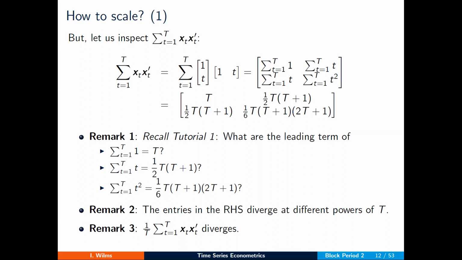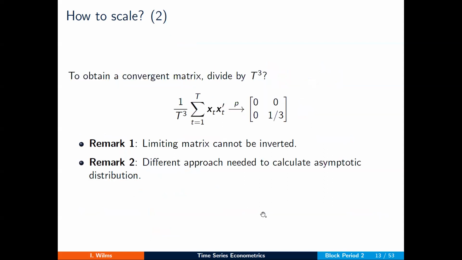Then we would divide by T, and our sum would still diverge, since we have larger powers of T popping up over here. So this is already in sharp contrast with the stationary case, where everything worked nicely with the factor 1 over T on this term. So the question then is, how do we get the matrix to converge?